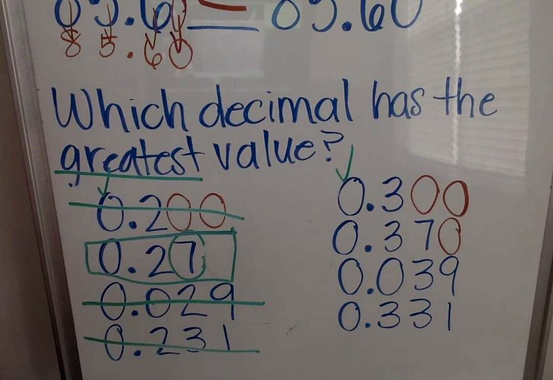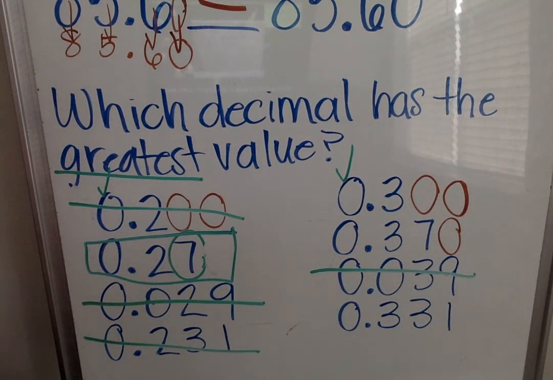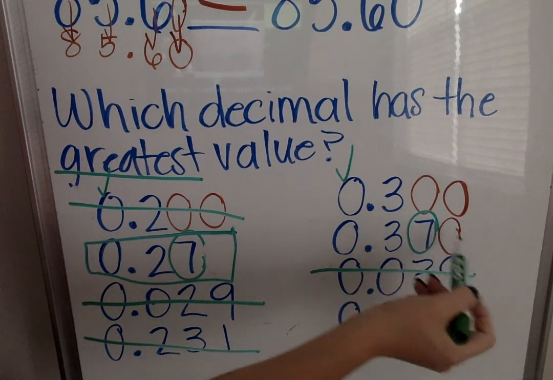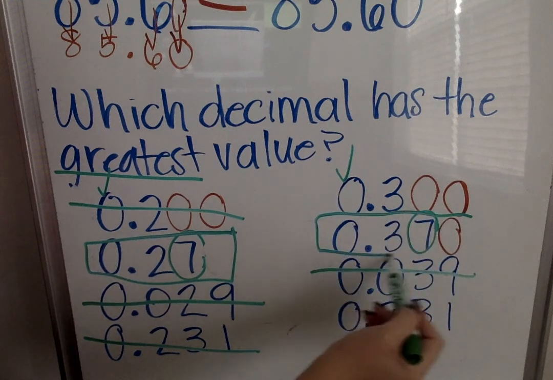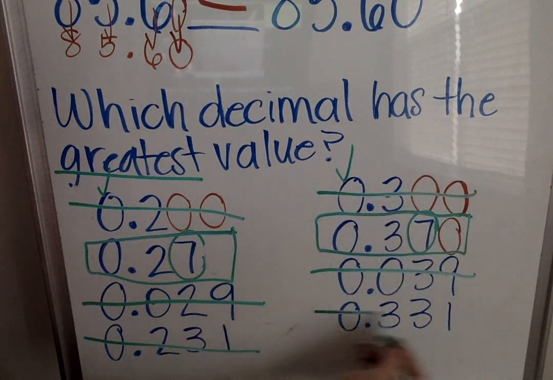So the smallest number there is going to be 0. I can cross it out. And then in the hundredths place, I have a 0, a 7, and a 3. So very similar to the other set of data we looked at. The biggest number there is 7, so I can circle it. That means that the number with the greatest value is 0 and 37 hundredths. I can cross out my other two values.